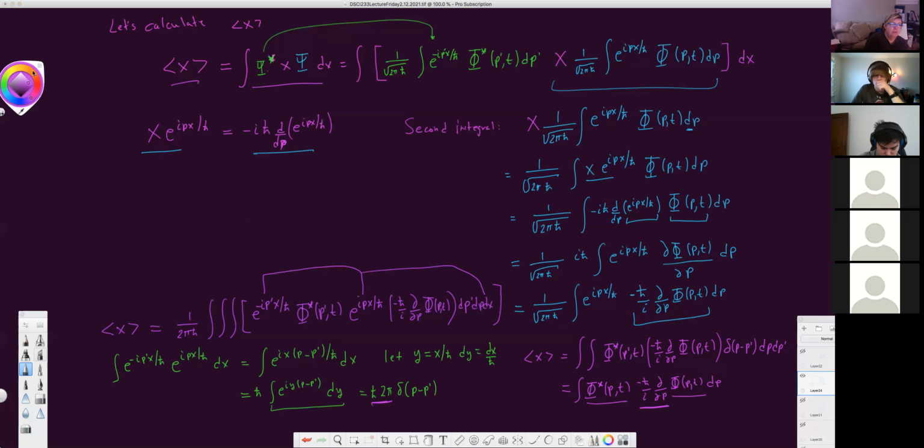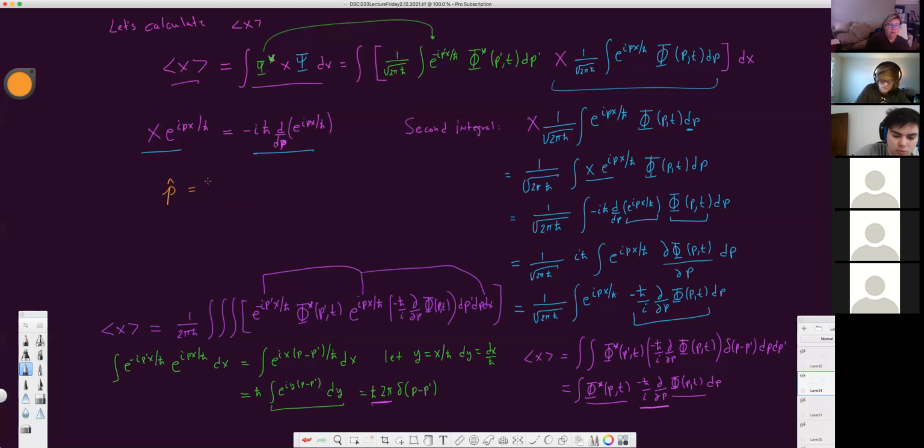So remember, the p hat operator is h bar over i d dx. Actually, let's be a little more general and use the partial derivative form, because that is more general.